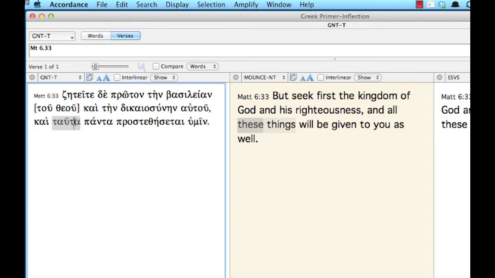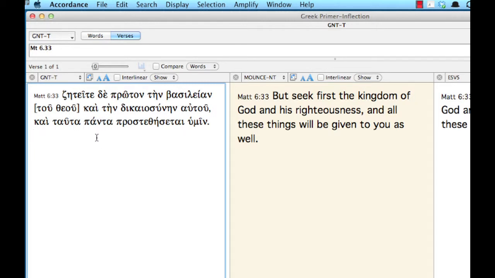The other important thing that I should point out here, though, is that panta isn't the subject. Panta is an adjective, and it's modifying tauta. Jesus is not saying all things will be given to you. This is not prosperity gospel kind of stuff. There's no promise that we're going to be given everything, but it's all of these things.